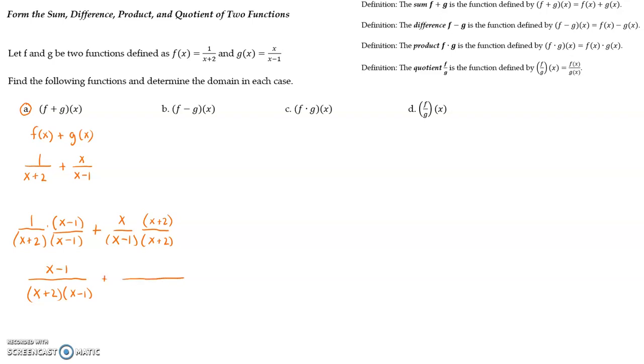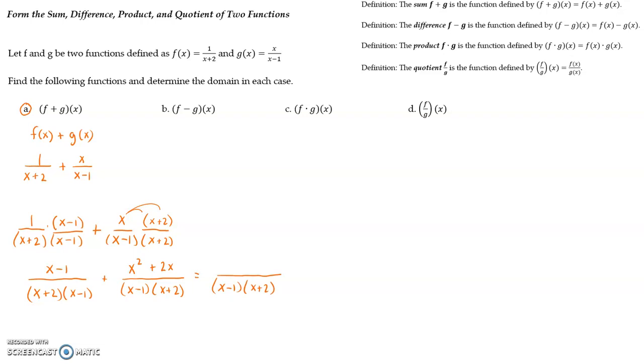So our common denominator is going to be x minus 1 times x plus 2. On top, I distribute the x times each piece, which gives me x squared plus 2x. Now that I have common denominators, I can keep that common denominator, which is x minus 1 times x plus 2.